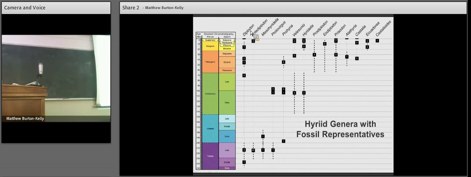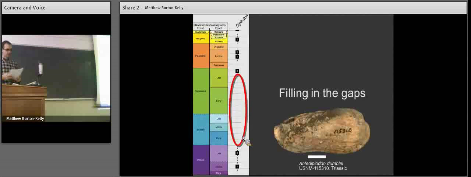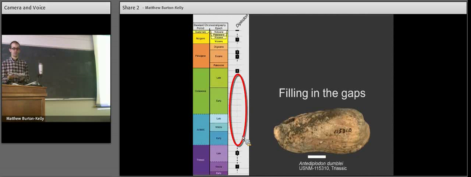And I'll highlight that here. It has this temporal gap of specimens that have been called Diplodon of up to about 200 million years, depending on the error ranges, between the Triassic occurrences and the late Cretaceous and Cenozoic occurrences.